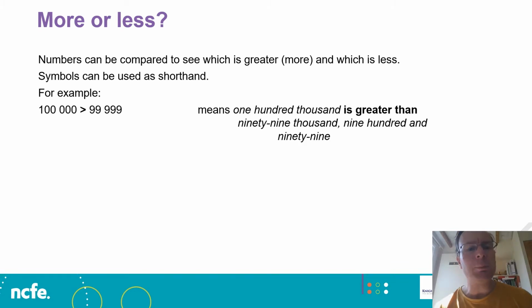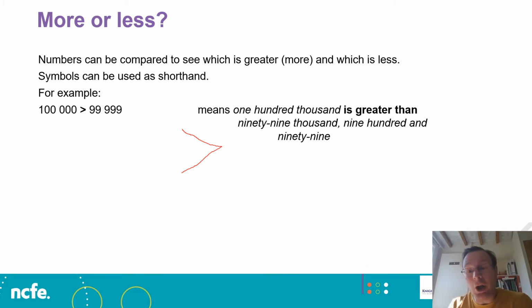So here we've got an example. 100,000 is greater than 99,999. So if you look at the symbol that's been used, we've got this kind of V shape. I don't know what its real name is actually, but that's what we have.